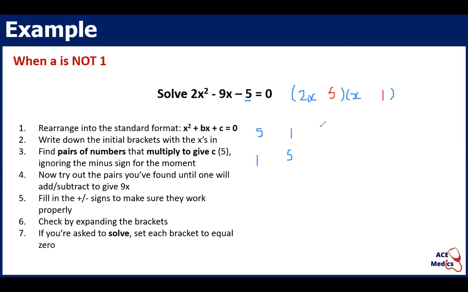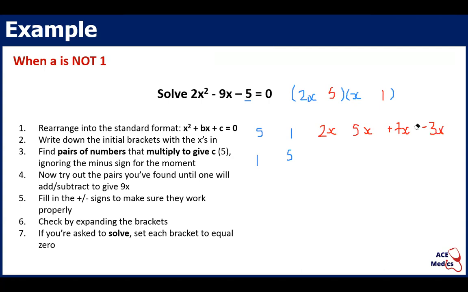doing our outies, so we'd get 2x, and our innies, we'd get 5x. If we were to add those together, we would get 7x. If we were to take away those, we'd get minus 3x or 3x.